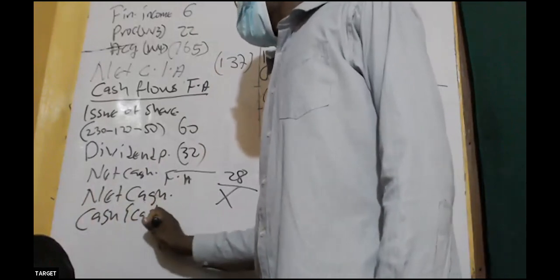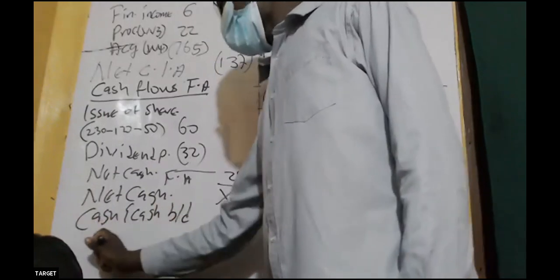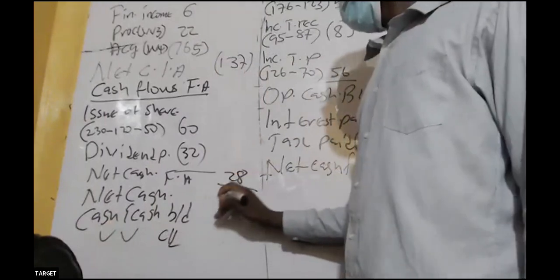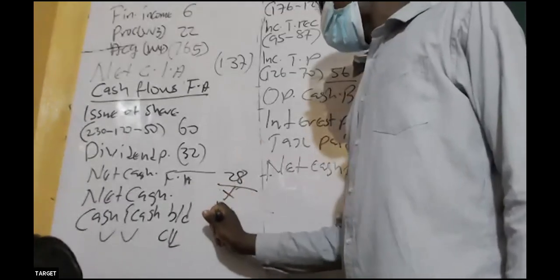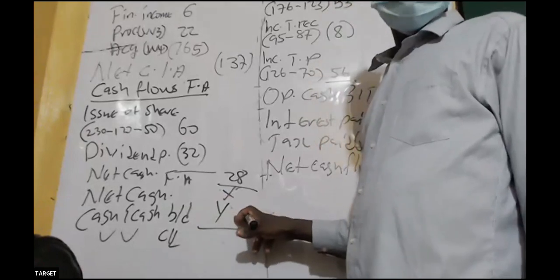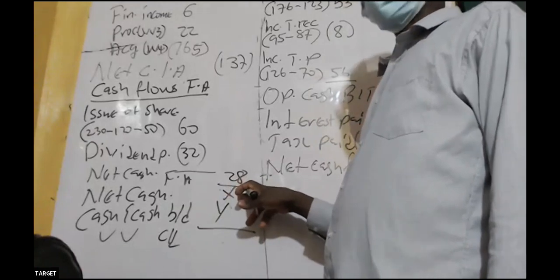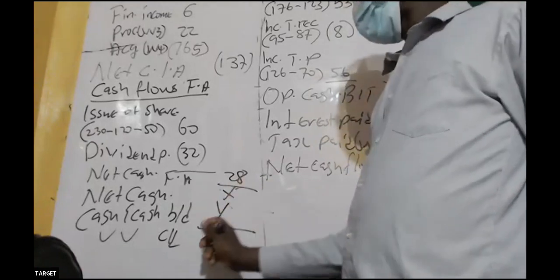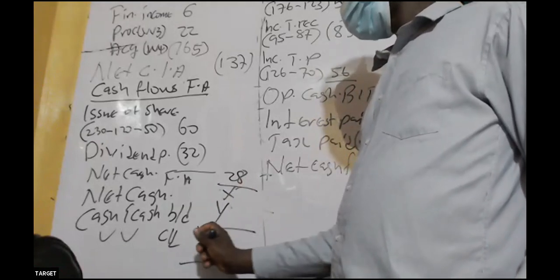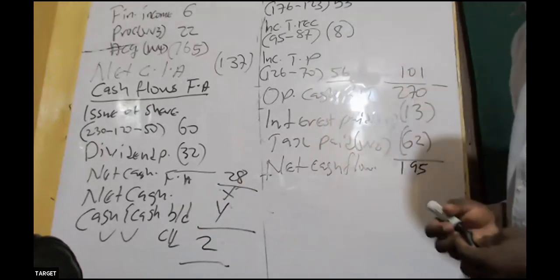Cash and cash equivalent. So use the term brought down, the same thing here, and carry down. Now let's assume that the brought down is Y. When I add the opening balance of the cash and cash equivalent to the net cash flow for the year, I must get the closing balance of Z.